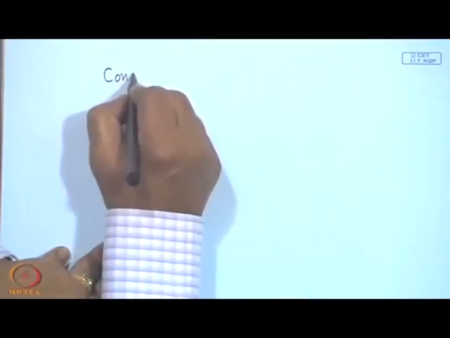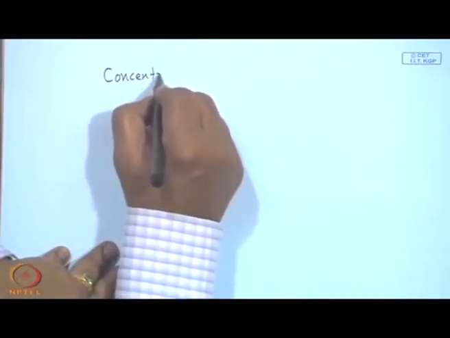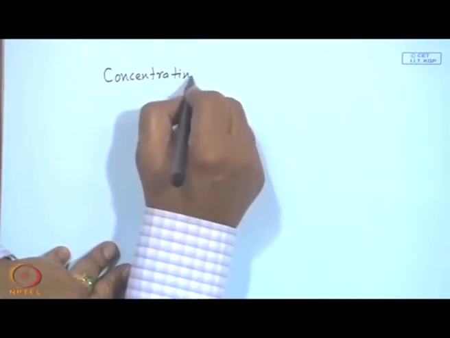So, this is the limit. One can have the efficiency or alternately the temperature at which the energy delivery can be expected from flat plate collectors. In order to improve that, people have proposed what we call concentrating collectors.